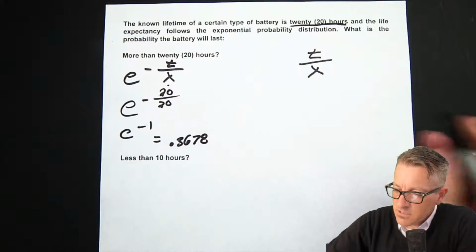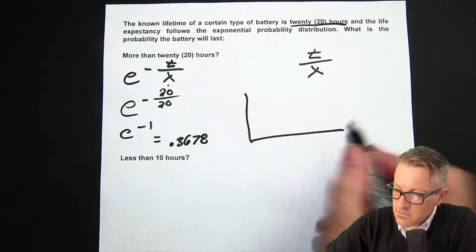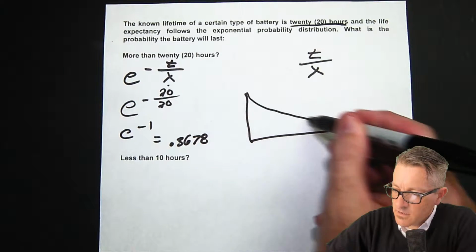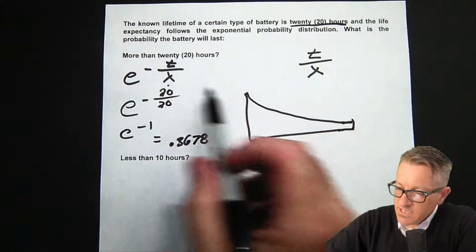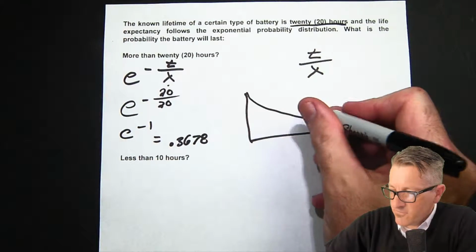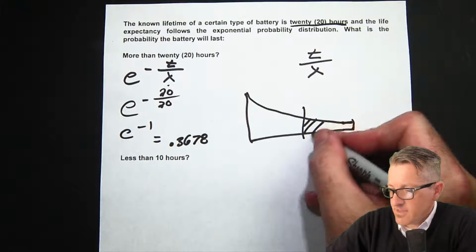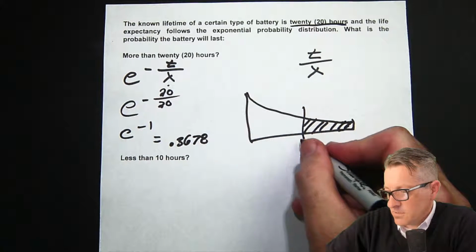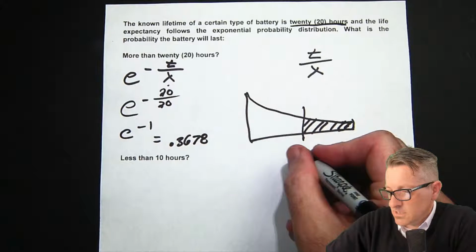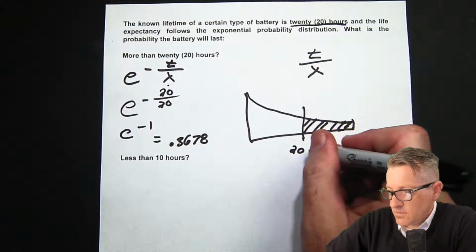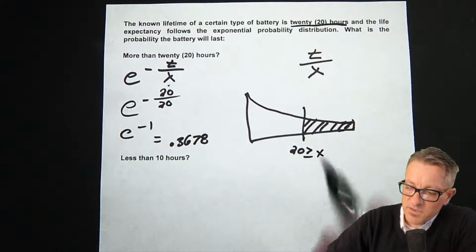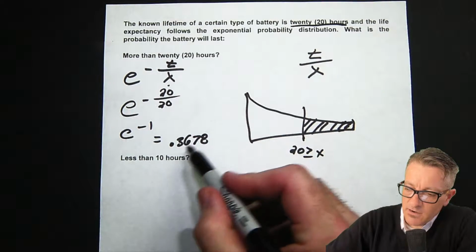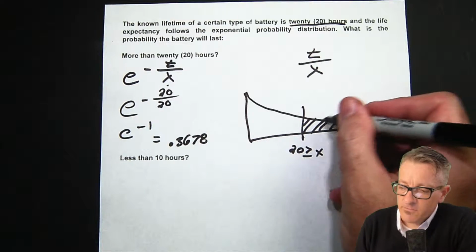Let's draw this out a little bit. It goes on kind of forever. This one says more than 20 hours, so we're looking for something like that, more than or equal to 20.